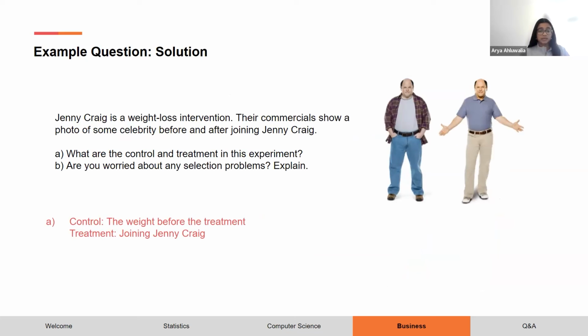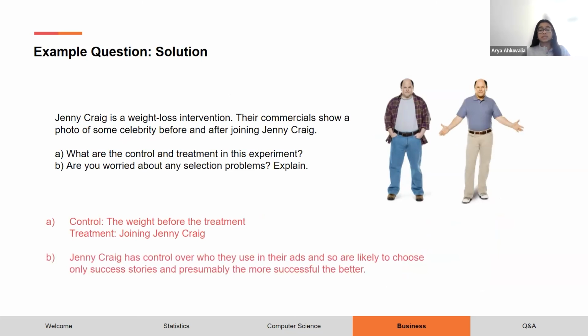And for part B, this seems pretty intuitive, but the issue here is that Jenny Craig obviously will select their best success stories to show in their advertisement. So there's clear selection bias here because they're only going to show whatever makes themselves look good. So this is not an accurate representation of the entire company and all of their clients.